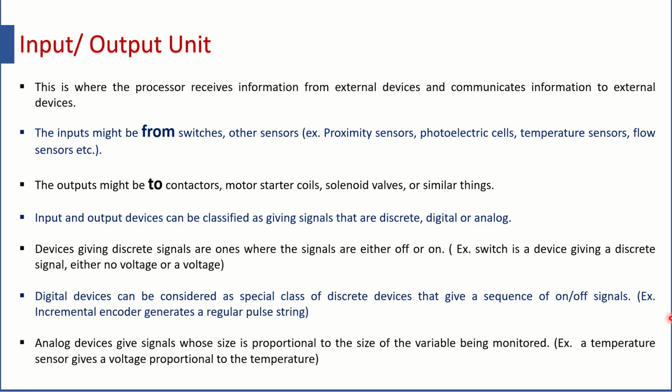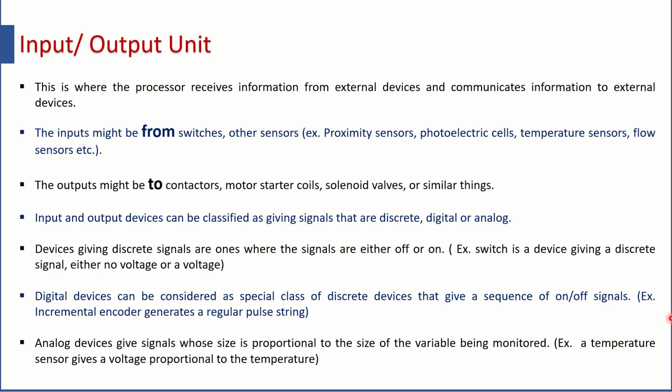Each of the terminals of the PLC under this input output unit is called an input terminal or output terminal. Now the inputs might be from switches or other sensors. What can the sensors be? They can be proximity sensors, photoelectric cells, temperature sensors, flow sensors, level sensors; a plethora of sensors are there.